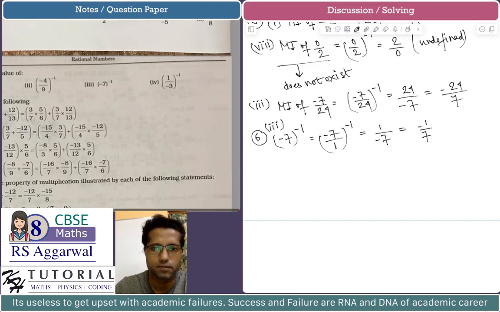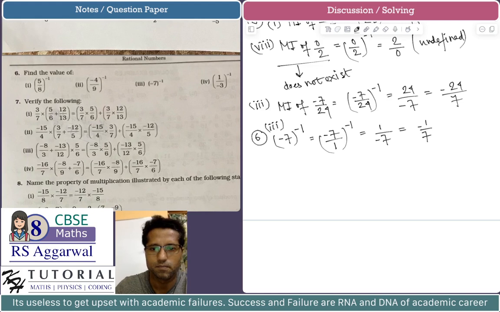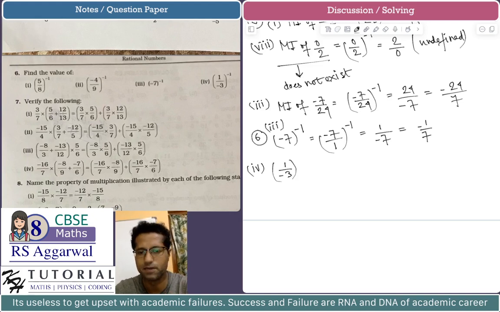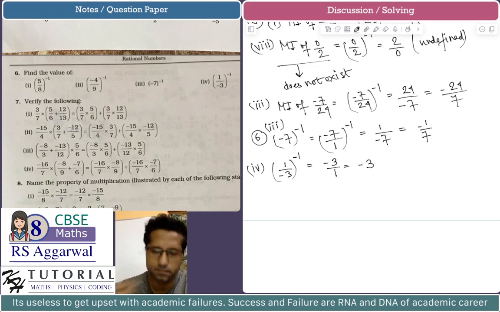What else do we have? Let's see part 4. What is the reciprocal or multiplicative inverse of 1 by minus 3? You just interchange the numerator and the denominator. This becomes minus 3 by 1, which is equal to minus 3.